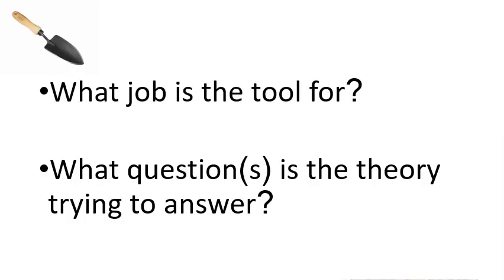One way to approach the theories we are going to employ is to see them as tools for understanding certain aspects of international relations. And if so, we should ask regarding each theory, what job is this tool for? What questions is this theory attempting to answer?